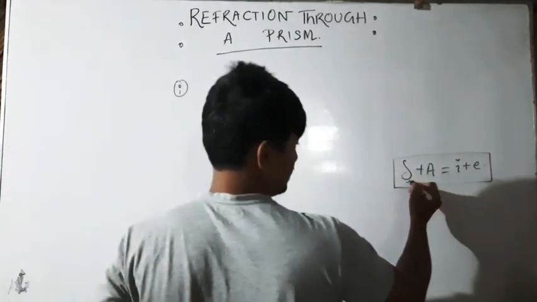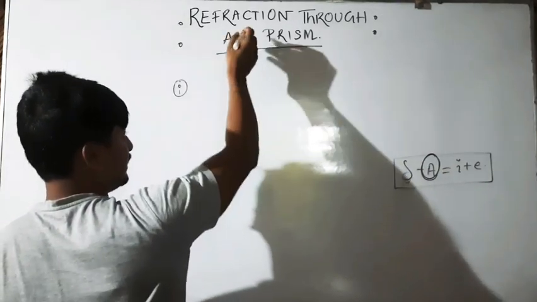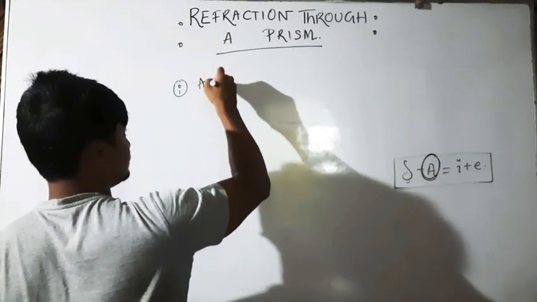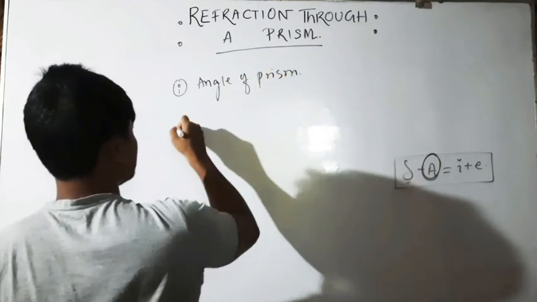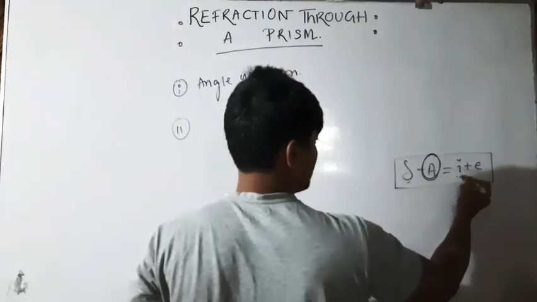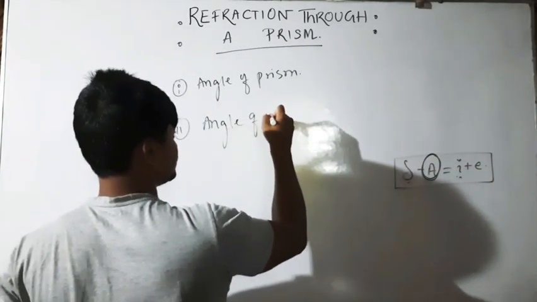First of all, in this formula there is your angle of prism, so deviation angle depends on the angle of prism. Then there is your incident angle, so deviation angle depends on the angle of incidence.